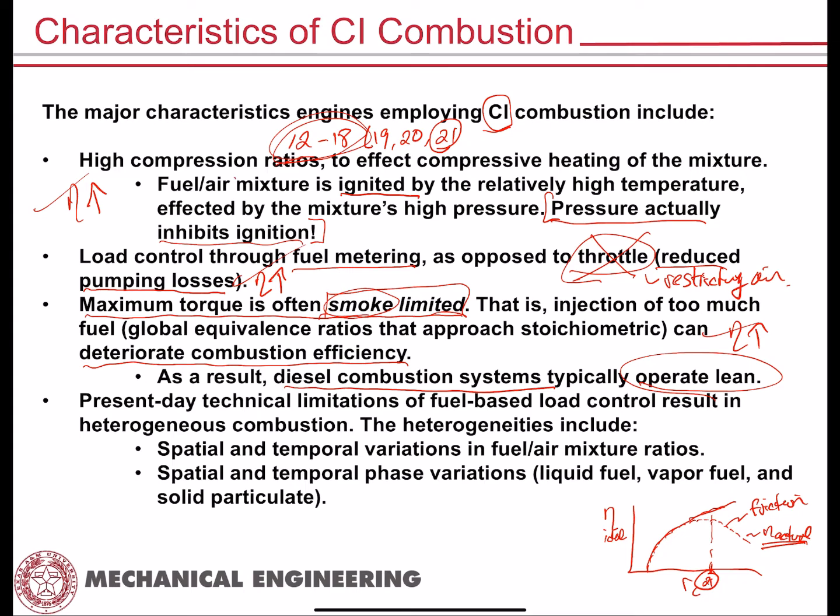It enables us to do away with using a throttle to regulate a homogeneous fuel-air mixture, right? We can use a heterogeneous fuel mixture and control load through fuel metering because of compression ignition, right? Our engines are operating lean because it's a heterogeneous mixture, because it's compression ignition combustion, okay? So all of these things feed into resulting in a higher efficiency.